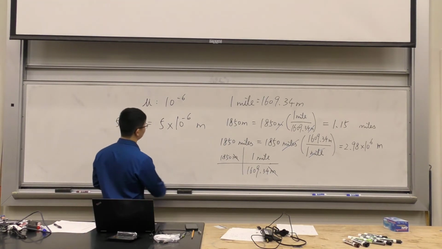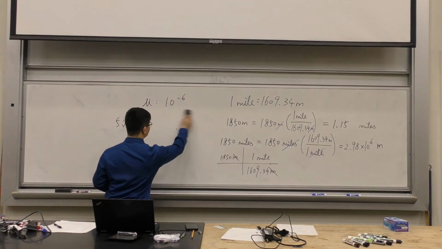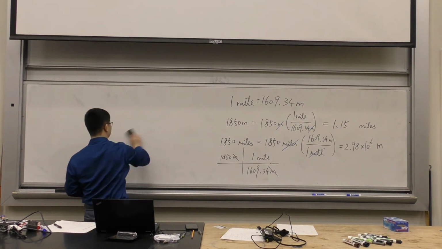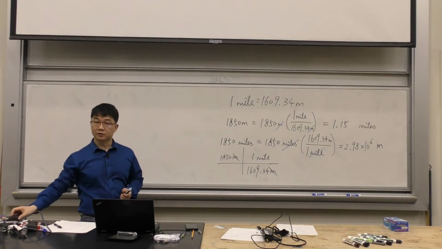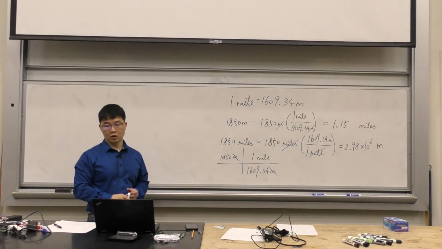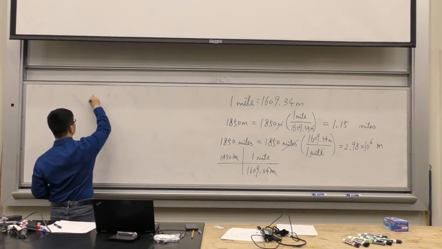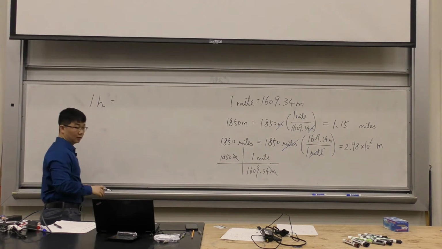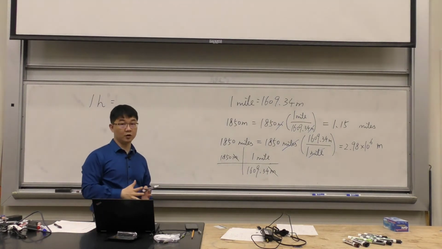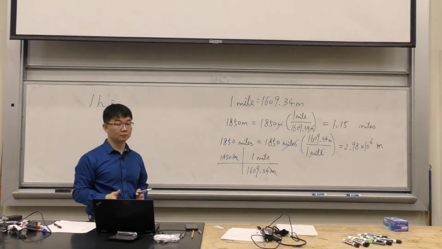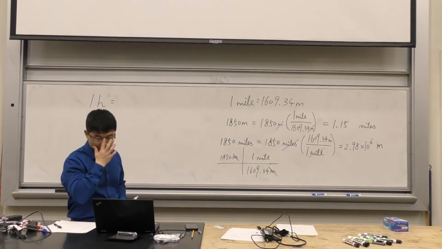Again, I will need to know the conversion between hours and seconds. So how many seconds in 1 hour? I believe that's something everyone knows. If you don't know that, you shouldn't be in college.